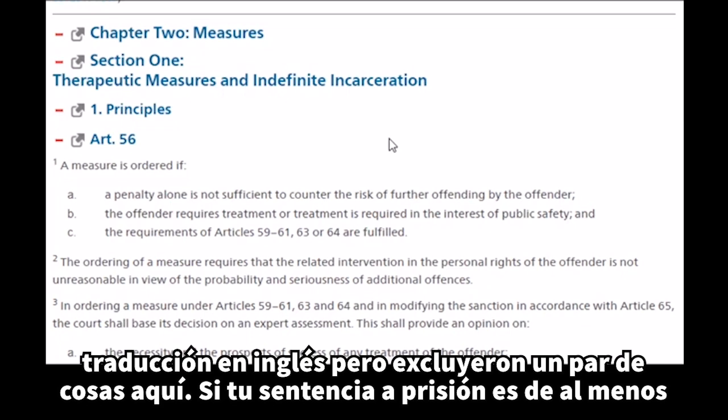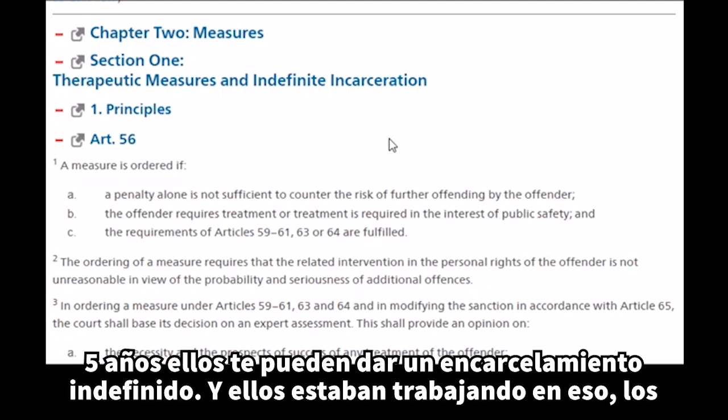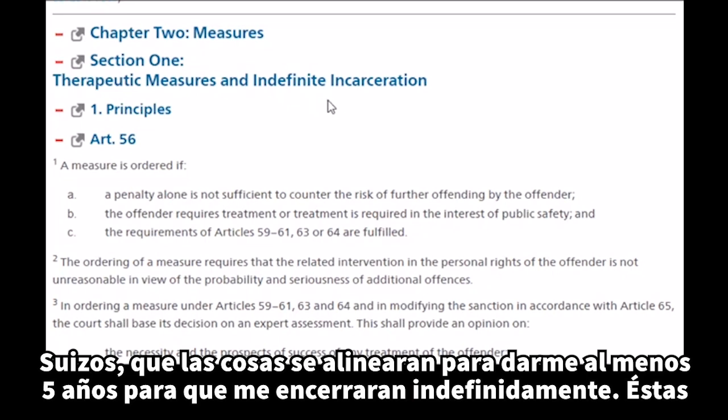Like, for instance, if your prison sentence is at least 5 years, they can give you an indefinite incarceration. And they were working on it, the Swissies, with things lying together, to give me at least 5 years so they can keep me indefinitely inside.